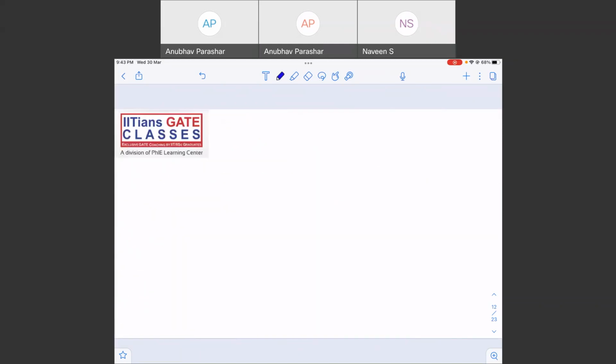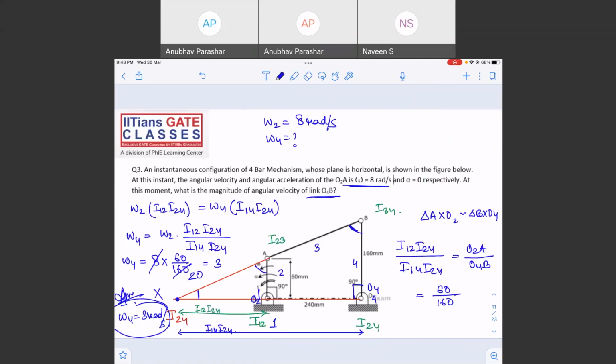Okay, so this was our I center method. Even if there are n links, suppose there are 5, 6, 7, 8, 9, 10 links, whatever, you can easily find out the velocity of link number 3 if you have the velocity of link number 2. How? Using the I center method.